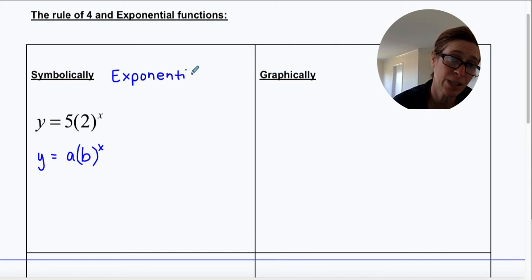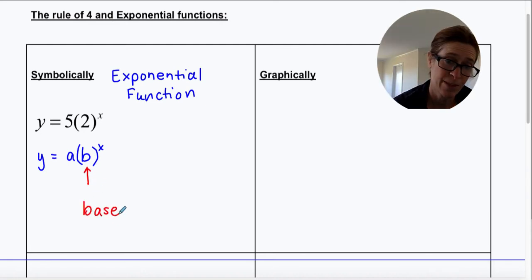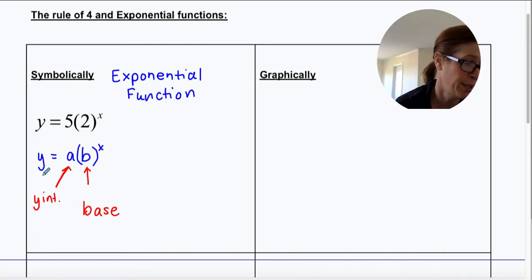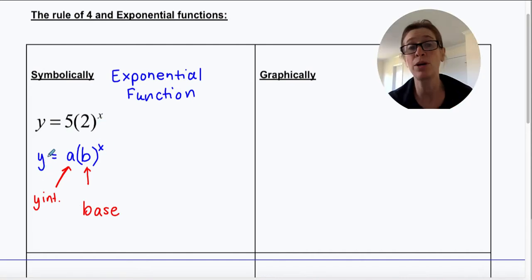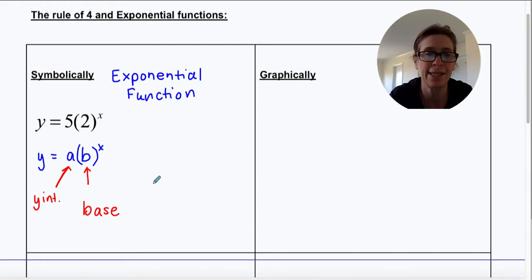We learned that in this form, b is the base, and a is the y-intercept. And x is my input, y is my output. Now, there are other forms of the exponential function we're going to be talking about in future lessons, but today we're going to focus on this one.